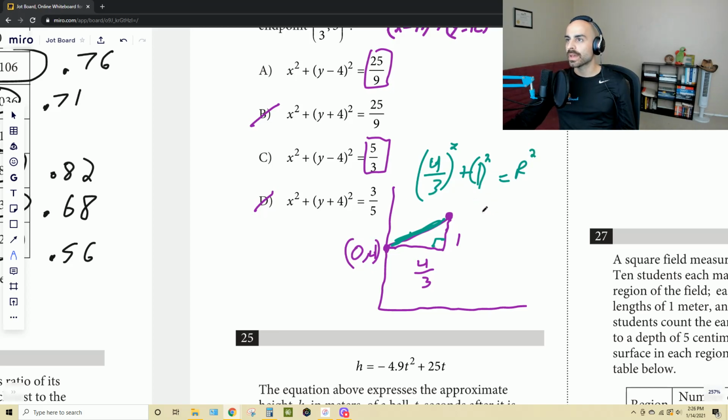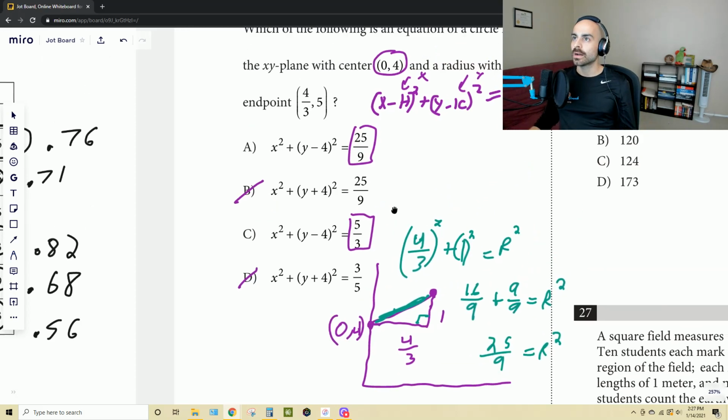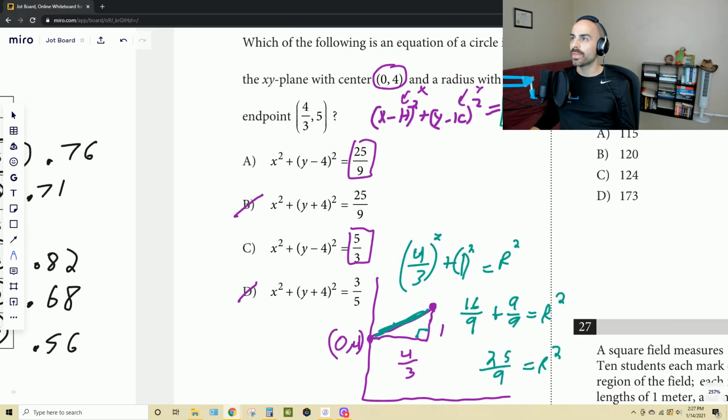So really what we have is 16/9, because you square both the top and the bottom, plus 9/9, because 1 squared is just 1, to make this fraction easier to work with, equals r squared. And so 16 plus 9 gives us 25/9 equals r squared. And remember that in our equation of a circle, that last term is r squared, so that gives us A.